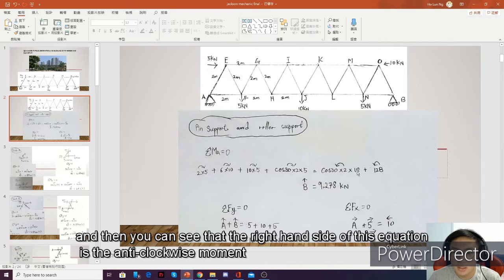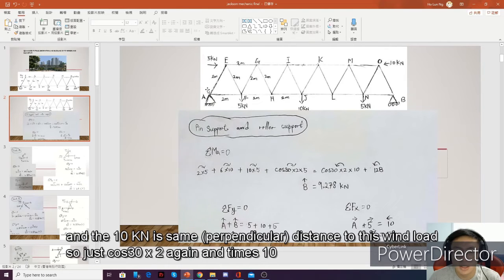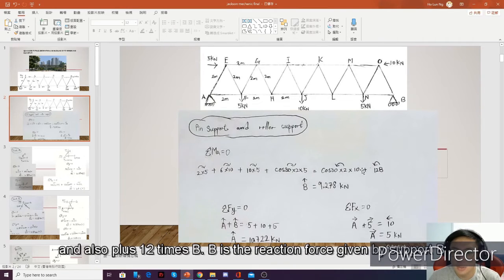Then we can see the right-hand side of this equation is the anti-clockwise moment, and 10 kN, because it's the same distance with this wind load, so just cosine 30 times 2 again and times 10, and also plus 12 times B, where B is the reaction force of support B.